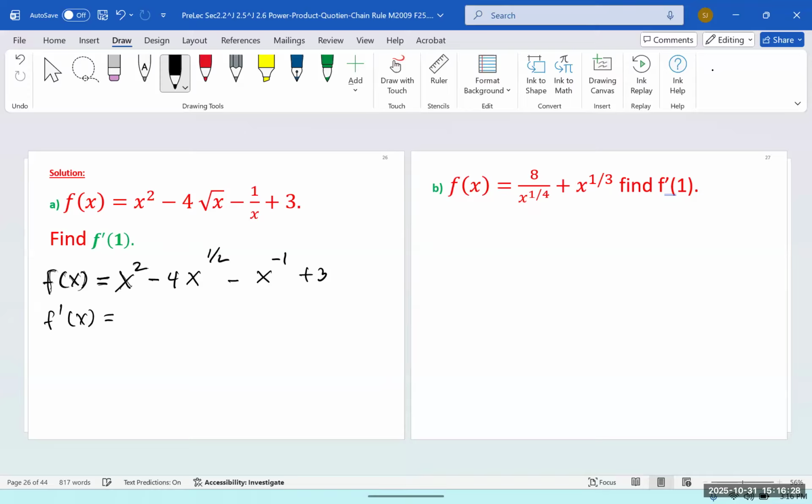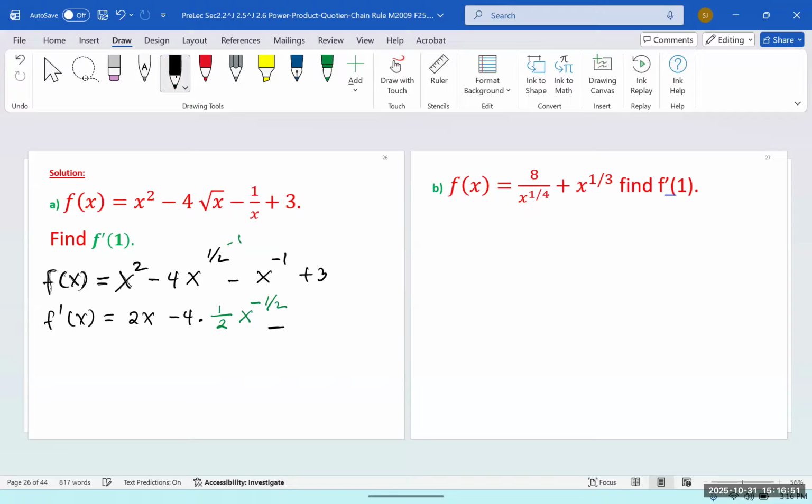What's the derivative of x squared? 2x. 2x minus 4 times, what's the derivative of x to the 1/2? 1/2 comes down and then you subtract 1 from the 1/2. So it's -1/2. 1/2 comes down, x to the -1/2.